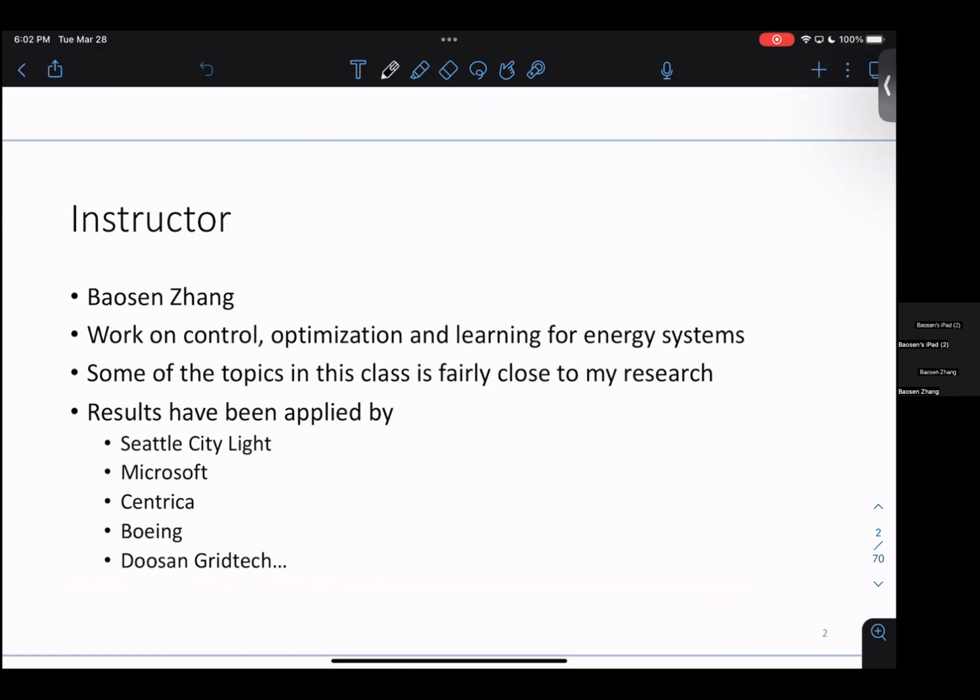And some of the techniques have been applied by folks like Seattle City Light, Microsoft, Centrica, and people like that. So I'll try to introduce some more practical data that we will see in this class. I may not be giving you the real data, but some data that looks like the real data you will see in practice. Right? Hopefully you'll get something like this.